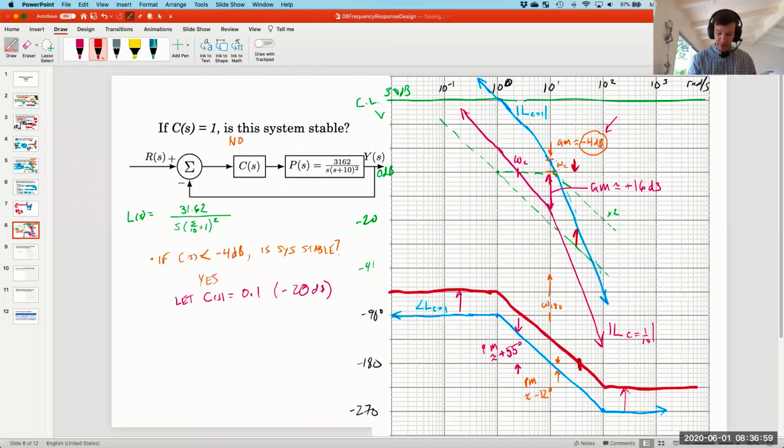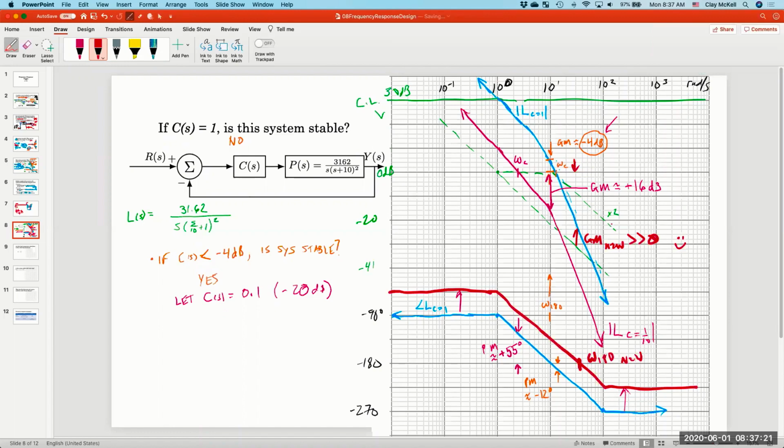If I go with the blue magnitude curve, this is my new omega 180. And that means my new gain margin is much bigger than 0. So that's a smiley face.